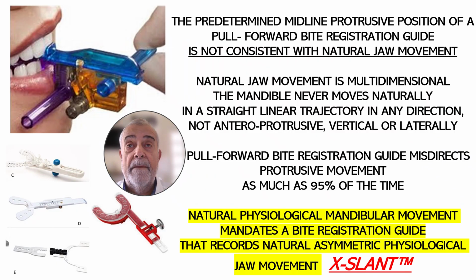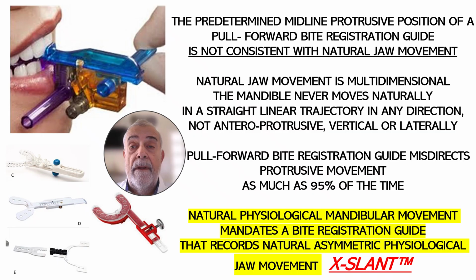The predetermined midline protrusive position of a pull-forward bite registration guide is not consistent with natural jaw movement. Natural jaw movement is multidimensional. The mandible never moves naturally in a straight linear trajectory in any direction, not anteroprotrusive, vertical, or laterally.